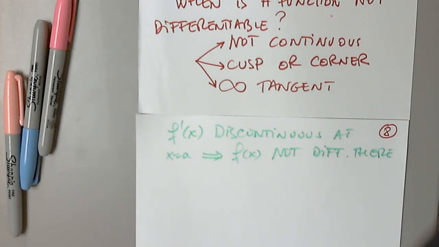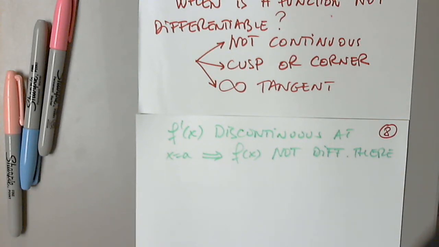We're going to be given a function and graph its derivative, and we will see that when a derivative is not continuous at a point, it automatically tells us that the function is not differentiable there. Or vice versa. If the function is not differentiable there, you will see the derivative is discontinuous there. It has a jump. So that's something else to keep in mind.